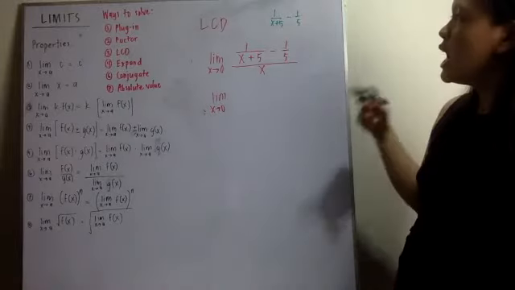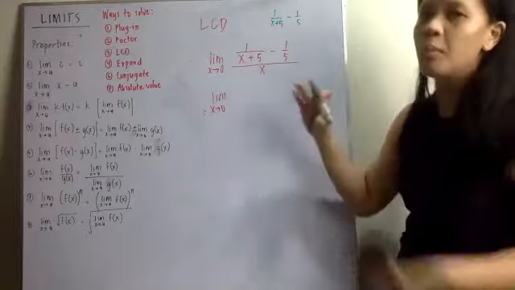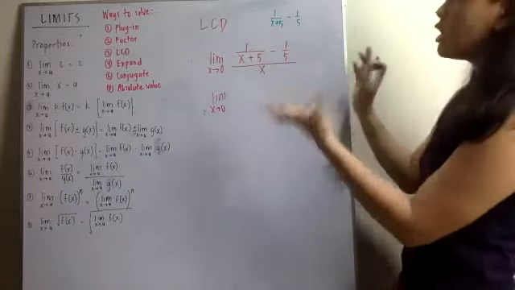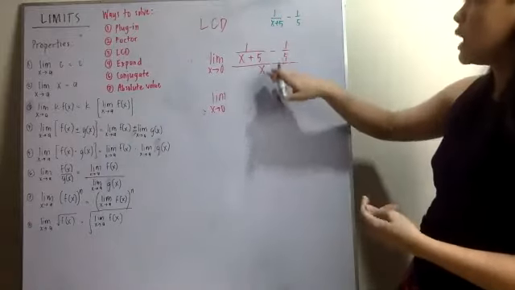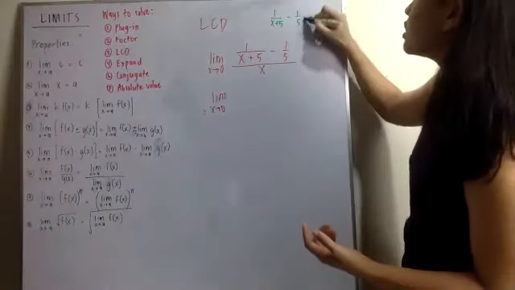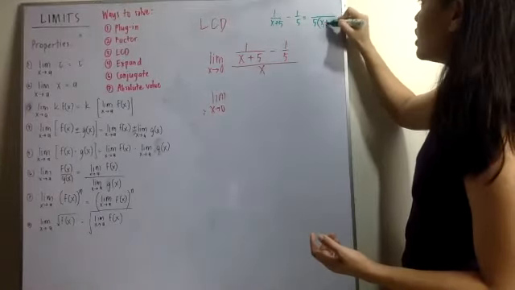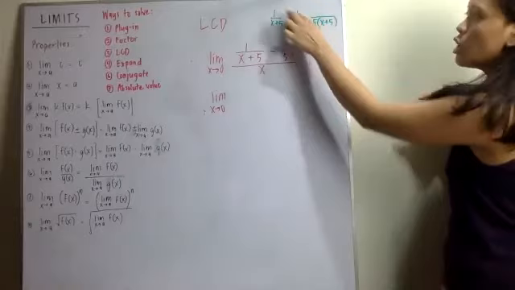LCD niya would be, kapag walang common factor, like this one, x plus 5, yan na yung buong factor eh. And 5, wala naman silang common factor, okay? So, ibig sabihin, to get the LCD, i-multiply mo lang talaga sila. Okay, yun yung shortcut. So, this is equal to, i-multiply mo lang, 5 times x plus 5, okay? And then, cross-multiply.